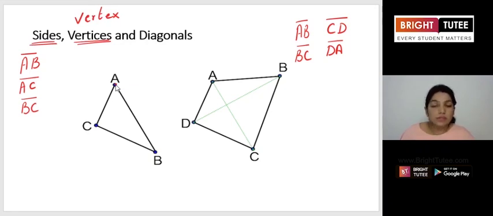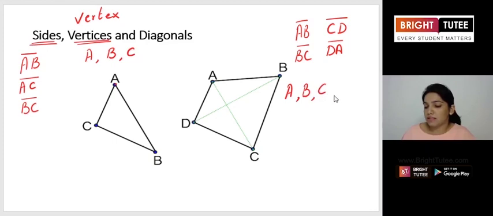So how many vertices do you see in the first image? We have total 3 vertices. That is point A, B and C. So these are the total number of vertices in the triangle. Let us write down the total vertices in the quadrilateral, that is A, B, C and D.